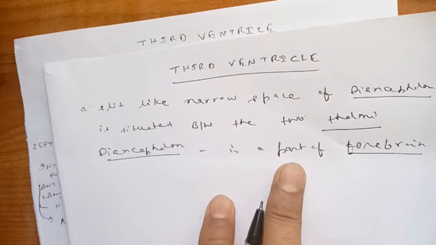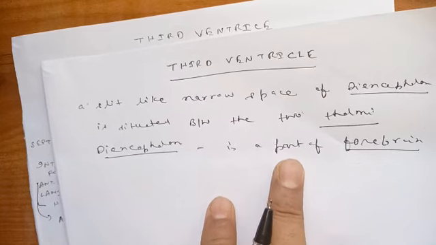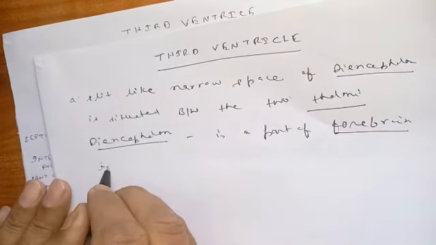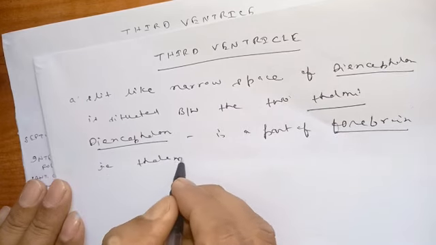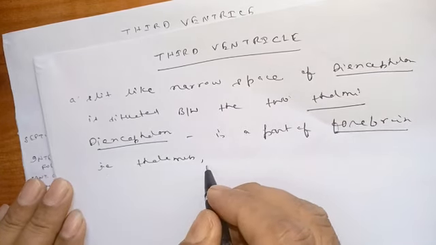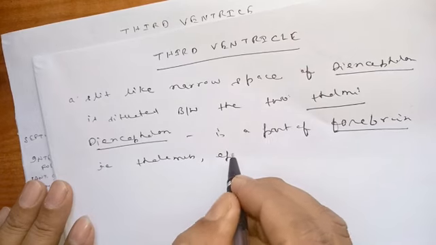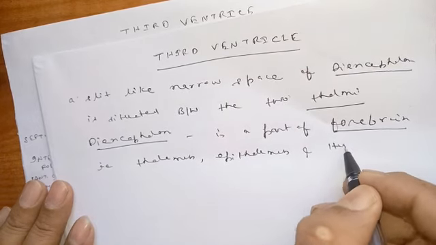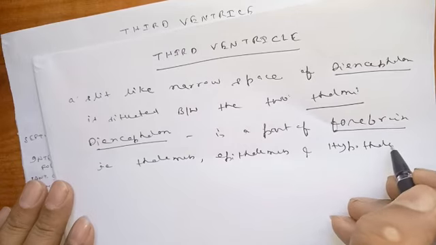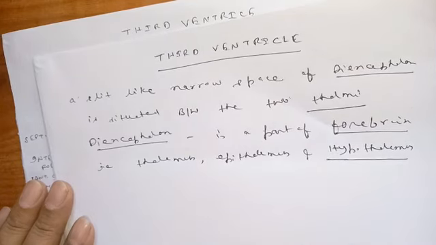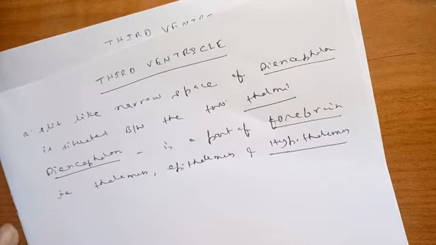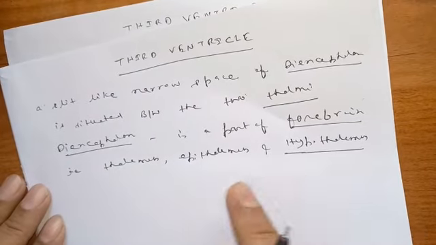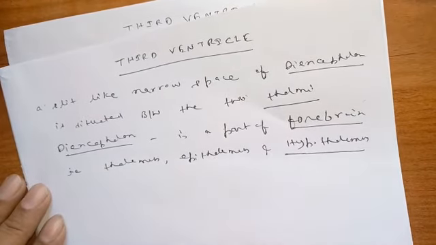The diencephalon is the part of the forebrain comprising the thalamus, the epithalamus, and the hypothalamus, which regulates our temperature.